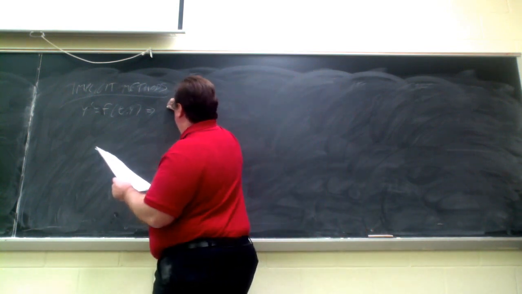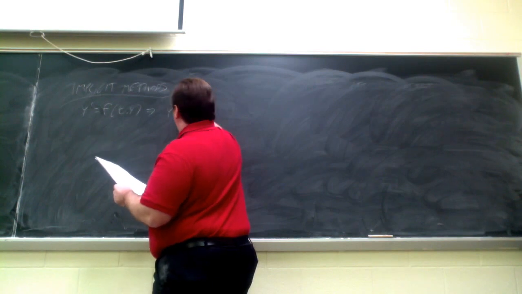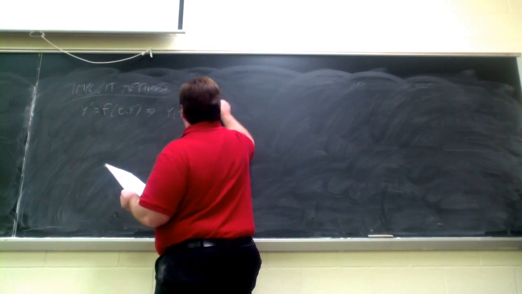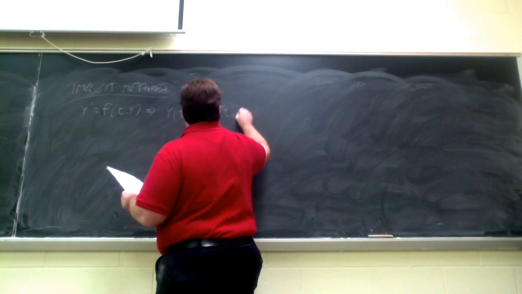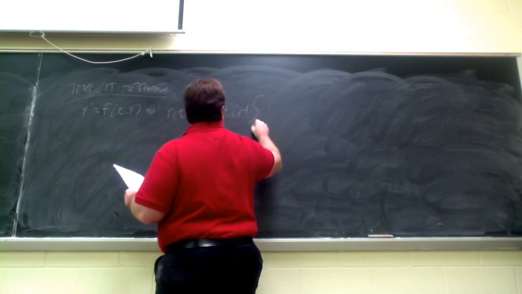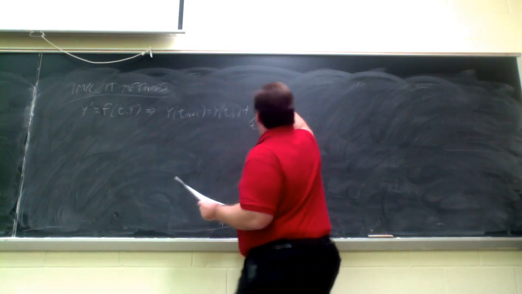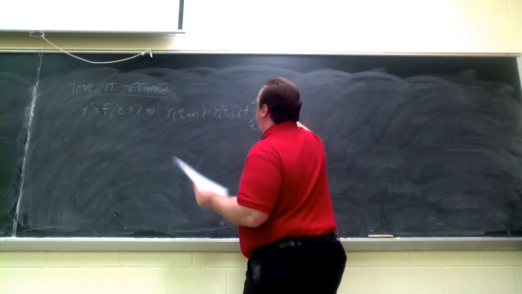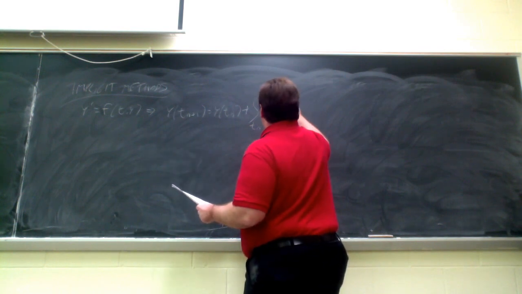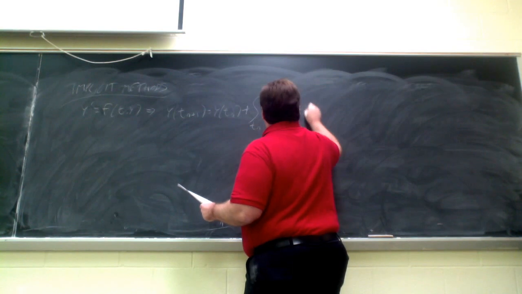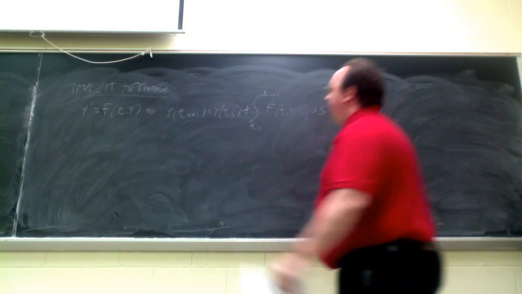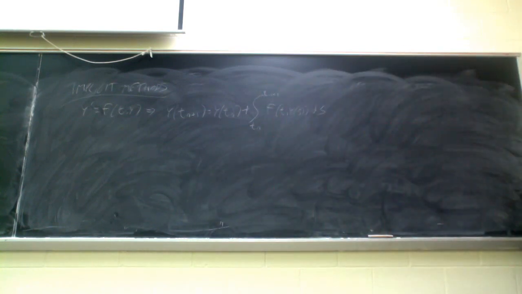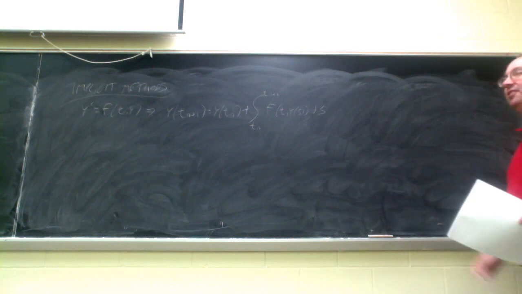I can say y at time tn plus 1 is y of tn plus the integral from tn to tn plus 1 of a derivative, which is f. So this is the integral form of the ODE, and this is exact.